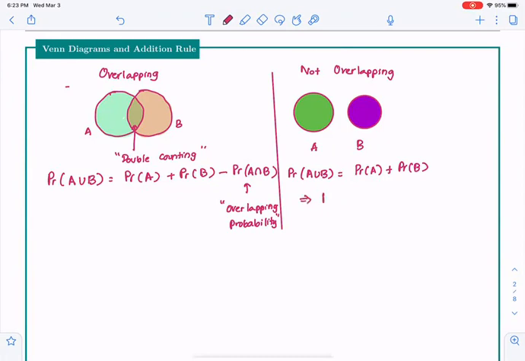That means the probability of A intersect B is equal to 0, and they are not overlapping. In other words, you can see the two events, the two circles, don't overlap and they are not connected. They are separate. So we can also state A and B here are disjoint events.